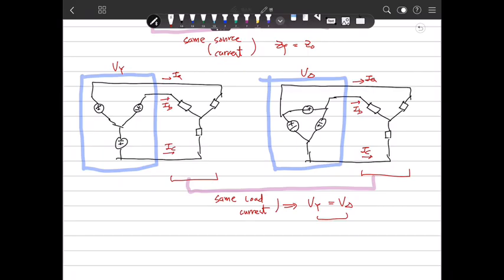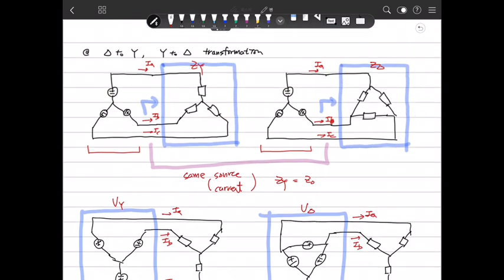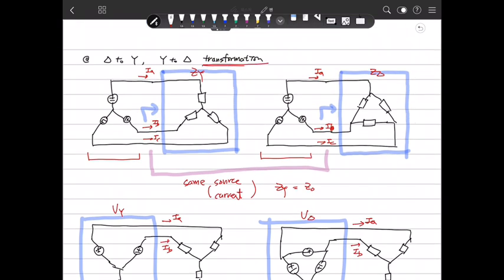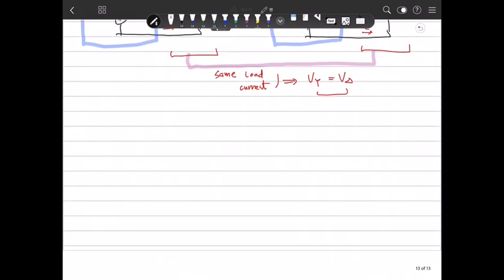So that means we can transfer the Y connection to the delta, and delta connection to Y. We call this a transformation.